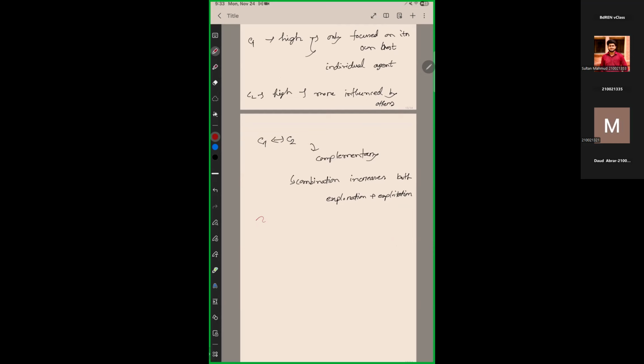You see, this value should not be fixed. Why? Which one do you want? Do you want exploitation or exploration? Exploration. Depending on how far our agent is from the solution.